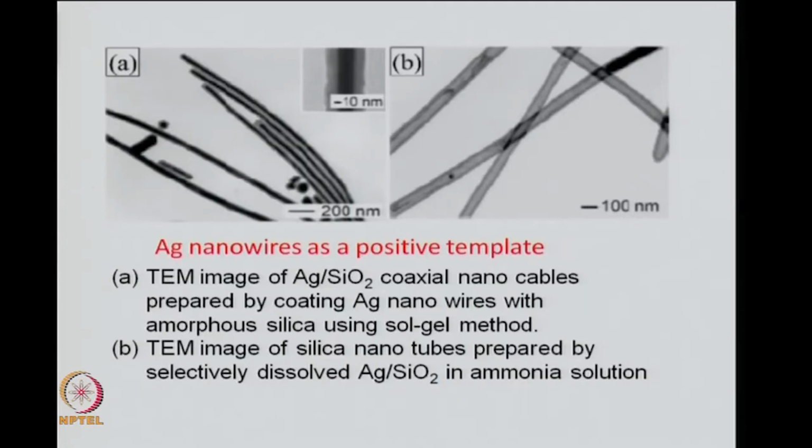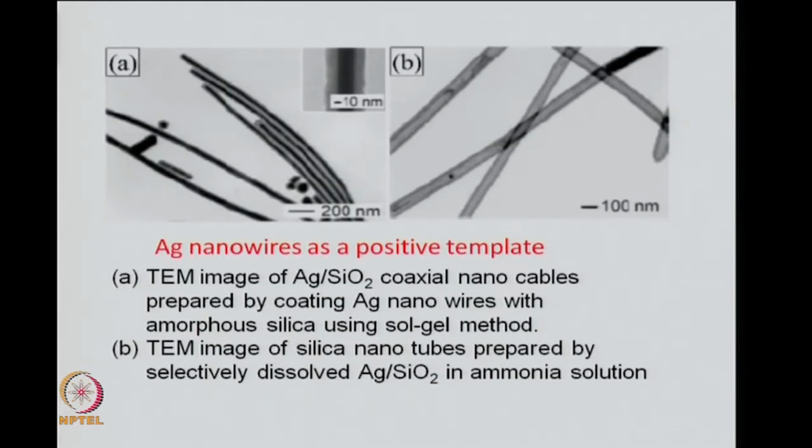So, silica will get coated on the silver wires using this kind of sol gel method, starting from some precursor of amorphous silica. Amorphous is something which does not have a regular crystalline property. Silica is not having an ordered crystal lattice, and normally low temperature synthesis gives amorphous nanostructures.